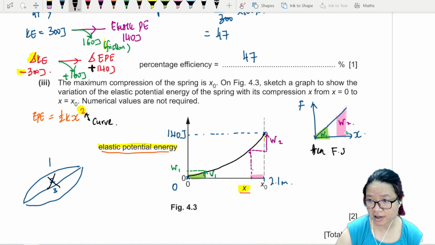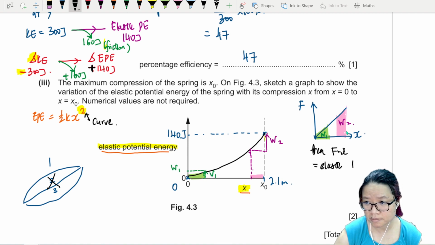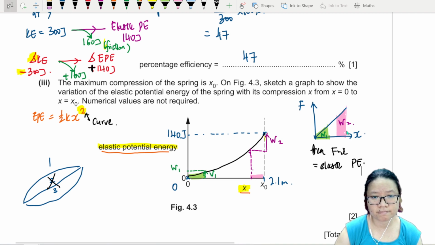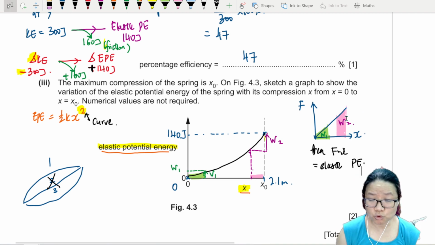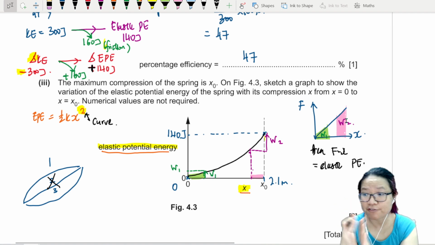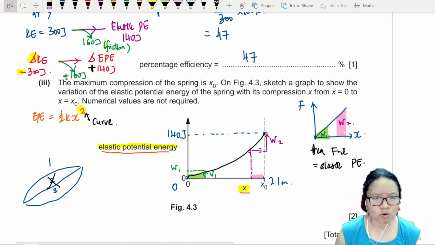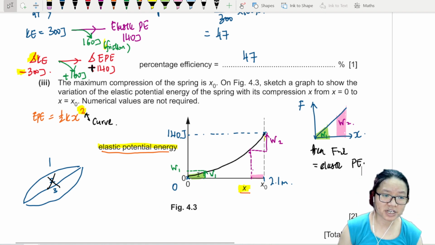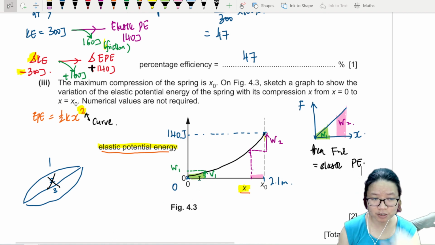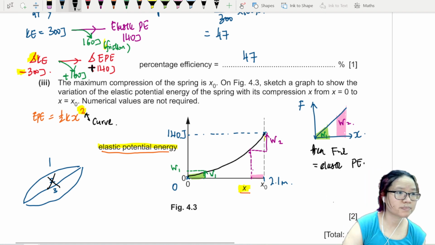Area under Fx is equal to elastic PE. So greater extension, W2, when you compress towards the final few cm, you will store the most energy, so the gradient is the biggest compared to the initial pressing. When you initially just starting to press the spring, it is very soft. Okay, so these two marks here.